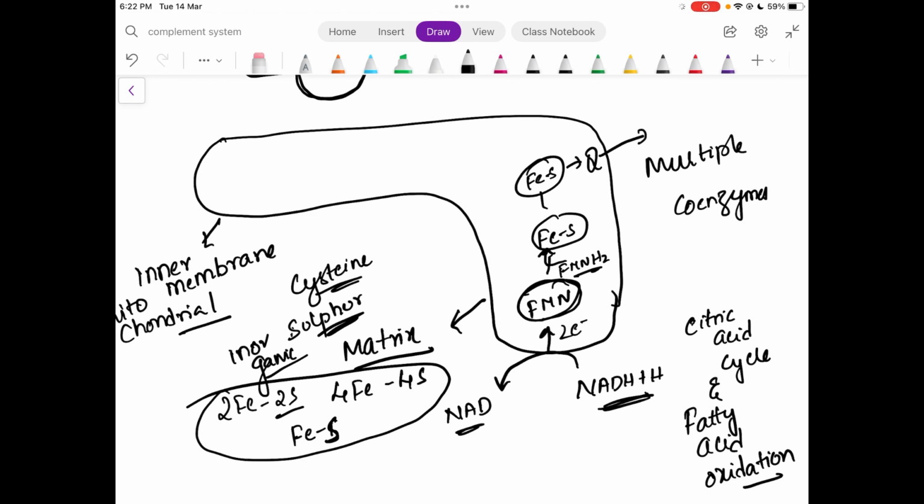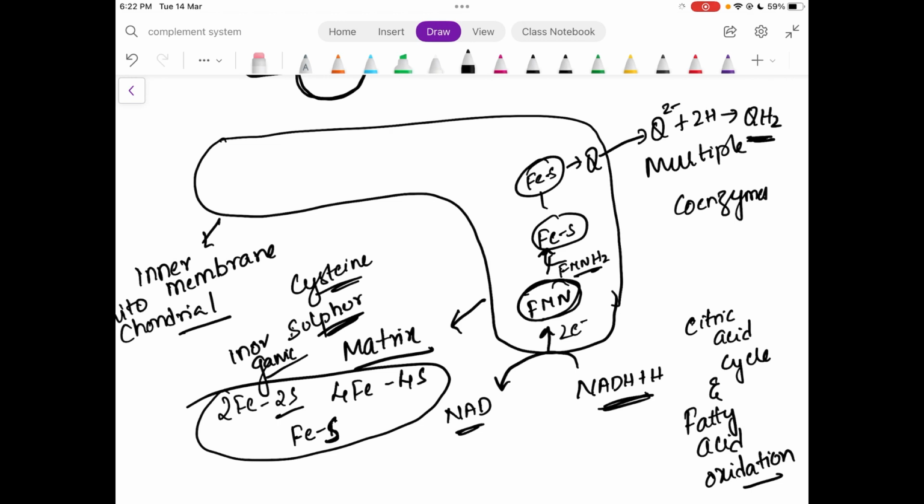This ubiquinone, by taking up two electrons, is converted into a free radical form, and this free radical form will accept two hydrogen ions from the matrix and be converted into QH2. It is a diffusible one. It can easily diffuse from one complex to another complex.